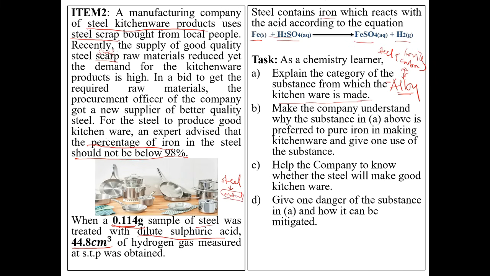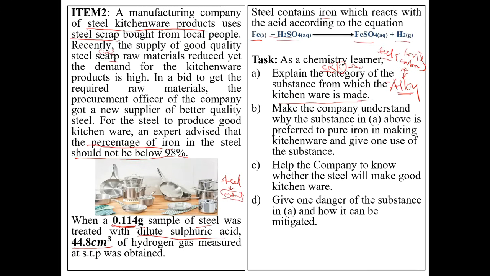We give the category, we give the reason, and we include the example. But this example should be in the scenario. So our example here is steel, which is in the category of alloy. We give the reason: an alloy is a substance which consists of a metal combined with other elements to improve its properties.